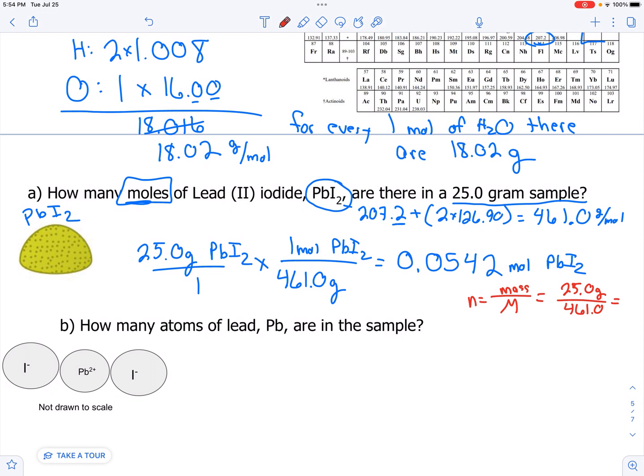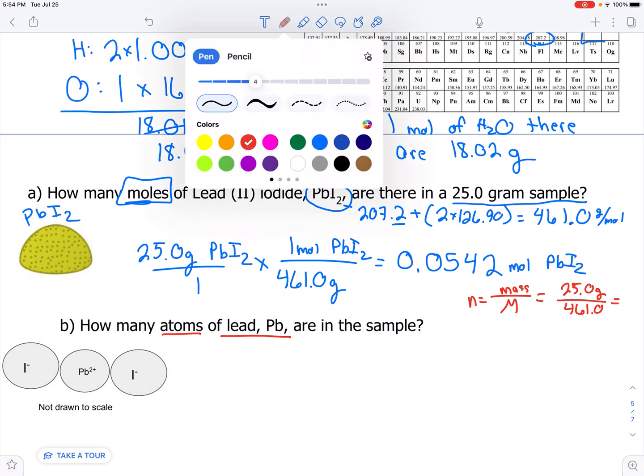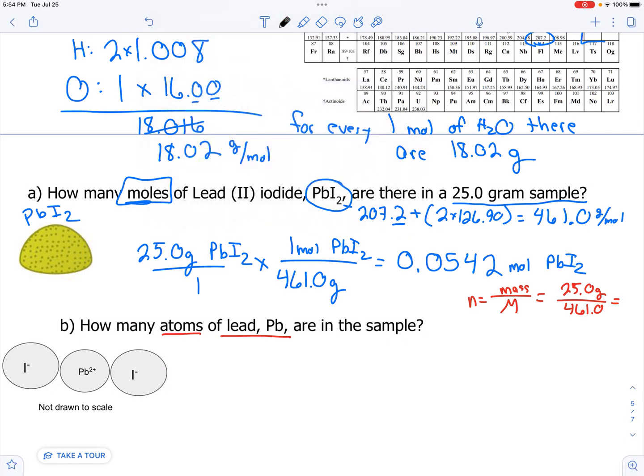All right. Next question: how many atoms of lead are in the sample? Right now, we know how many moles of PbI2 we have. Remember, a mole, I can have a mole of anything. In this case, I have a mole of PbI2.